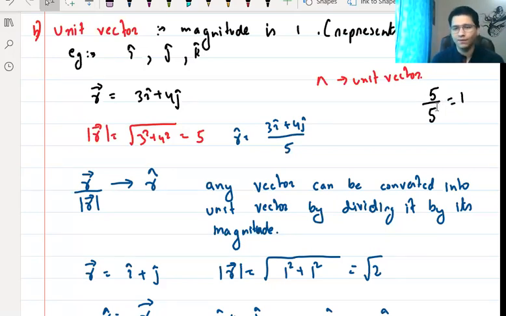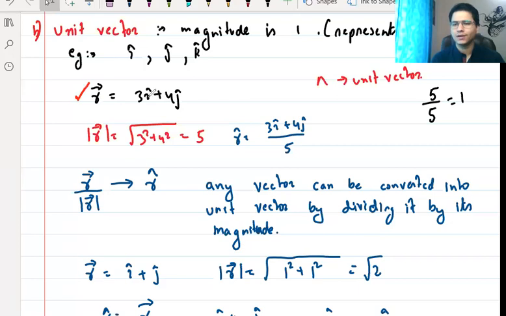In the same way, I want to get a vector whose magnitude is 1. How to do that? Divide the existing vector by its magnitude. Simple. Take the same example: the vector was 3i cap plus 4j cap.